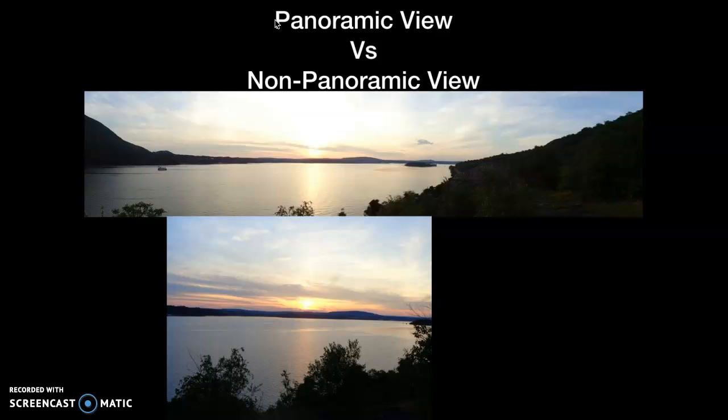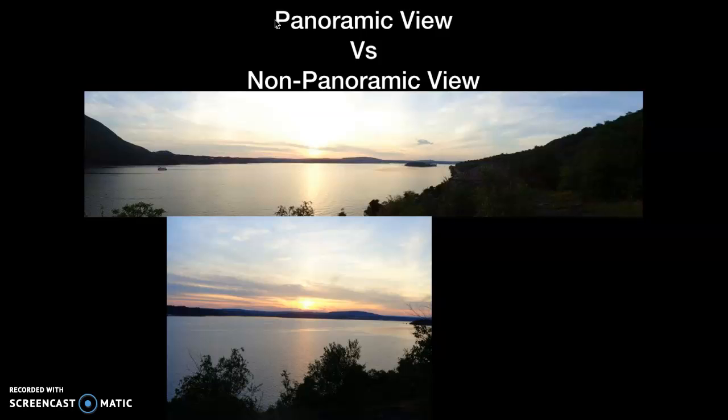So here we have an example of a panoramic view picture versus a non-panoramic view. So these are both taken at the same location on the Hudson River, same July day in 2015. And you can kind of see that in the similar colors and the similar amount of light. But the top picture, the panoramic view, has actually many pictures stitched together to create one large, broad view.